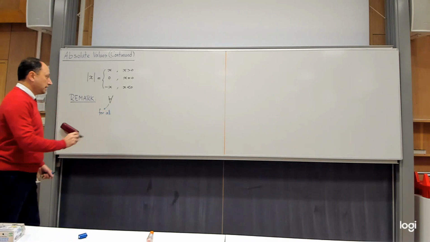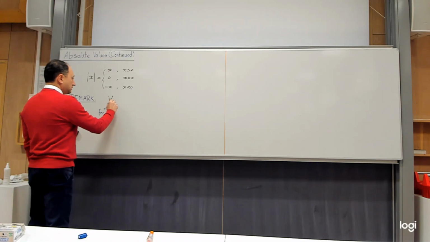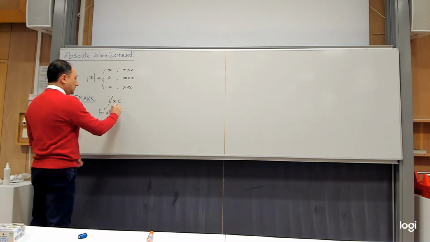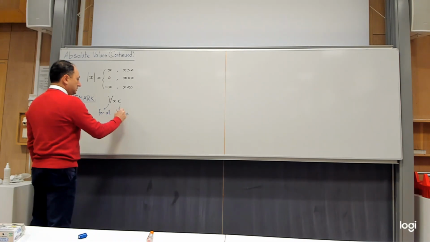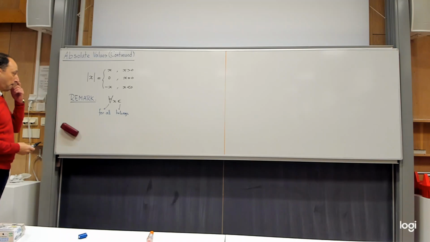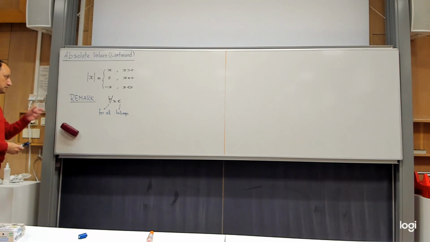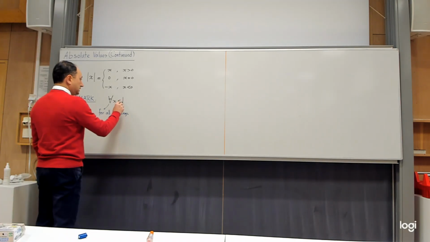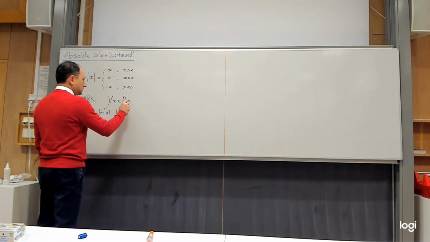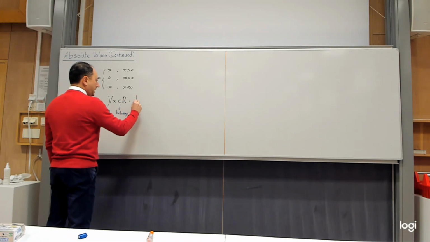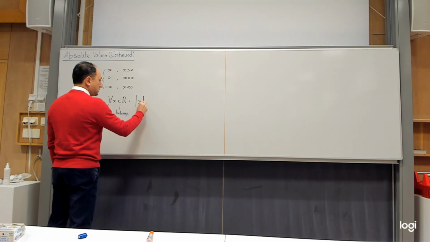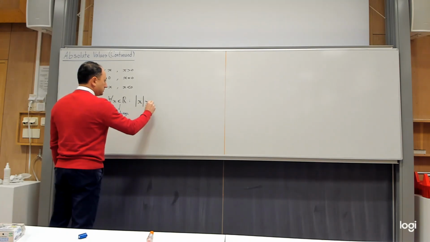So for all x, this symbol means belongs to. You don't have to learn these symbols, but it doesn't hurt actually. For all x belonging to the set of real numbers, what can I say? I can say the absolute value of x is always non-negative.